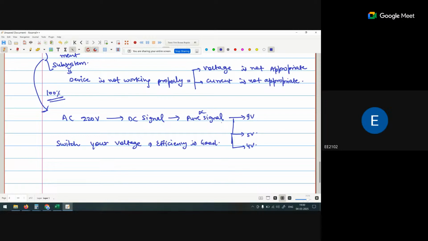Sometimes the Wi-Fi is not used, sometimes the Bluetooth is not used. According to this, they will change the required power for the different subsystems and manage that, so the battery efficiency will be increased.